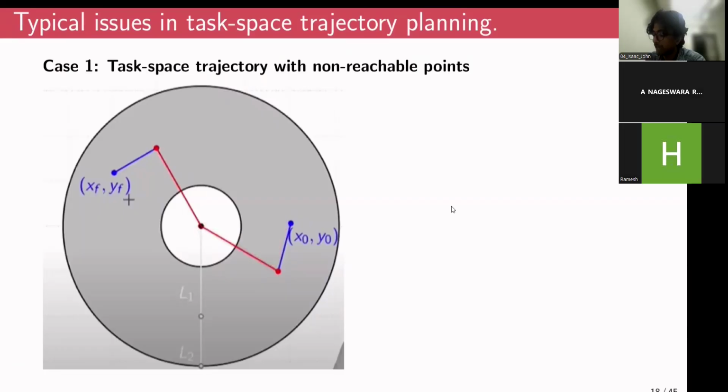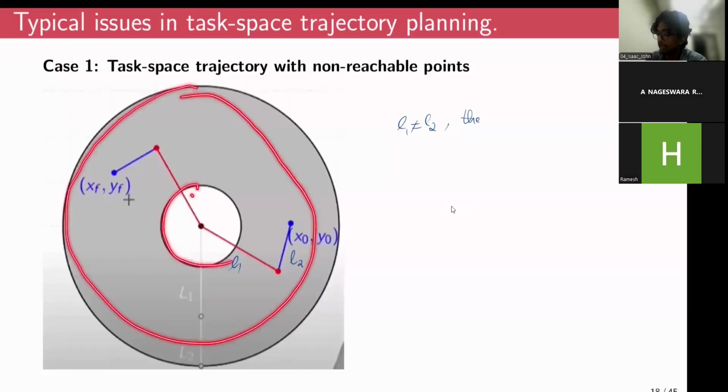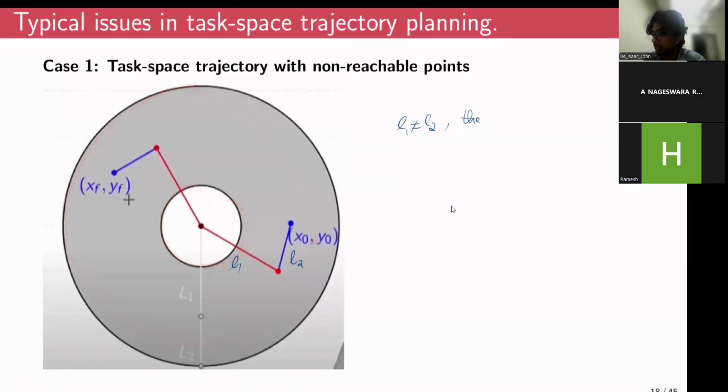If you consider this link to be L1, and this length to be L2, and if L1 is not equal to L2, the workspace would look like a donut. It'll have an outer boundary and it'll have an inner boundary.